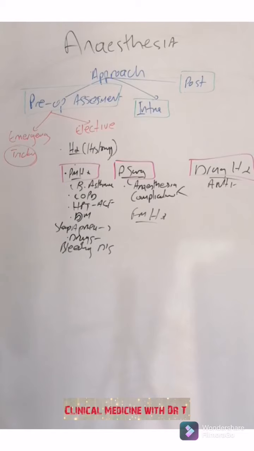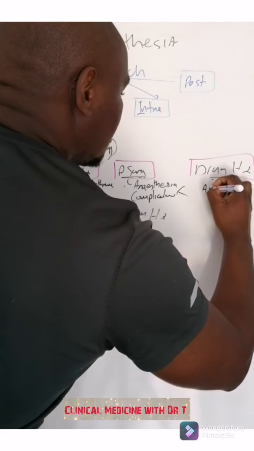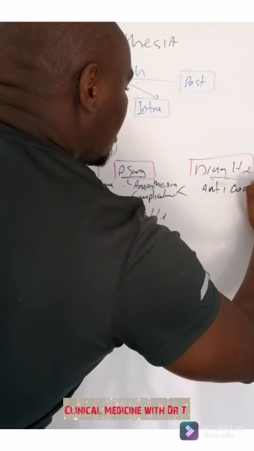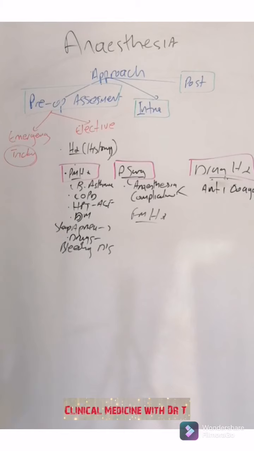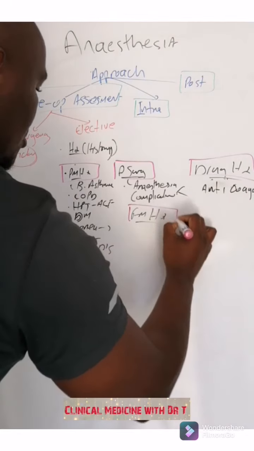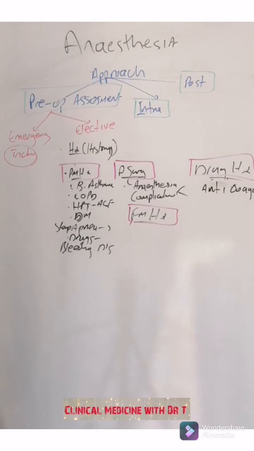So, anticoagulants. And when it comes to family history, you want to know if there's any member in the family who passed away intra-op or post-op, maybe due to an anesthetic complication, or if they've got conditions like malignant hyperthermia, which tends to run in the family, and also scoline apnea.